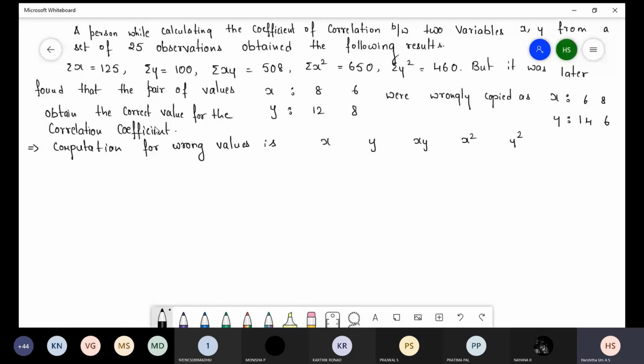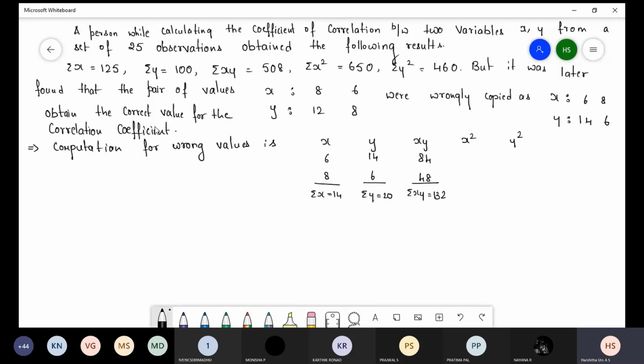Wrong values of x are 6, 8. When you add, it will come 14. Next, y values 14, 6. When we add, we get 20. 6 into 14 is 84. 8 into 6 is 48. Sum of x into y is equal to 132.